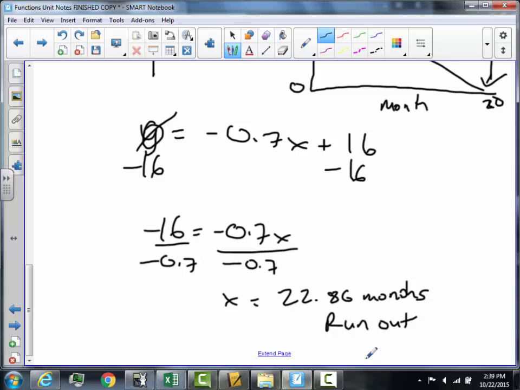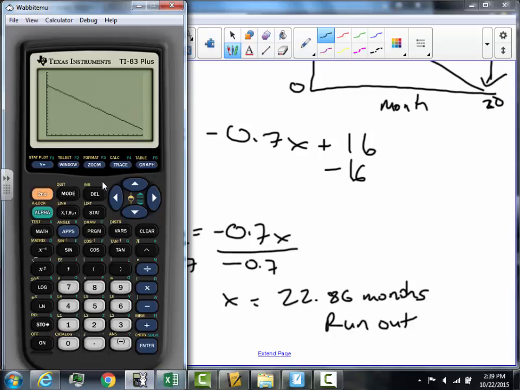Okay, I want to show you some other calculator tricks, just in case you've never seen them before. You guys ever seen second calculate? You ever been shown how to use some of those things up here? Value, zero, min, and max. And have you guys done intersect before? Okay. Here's a trick I want to show you then.